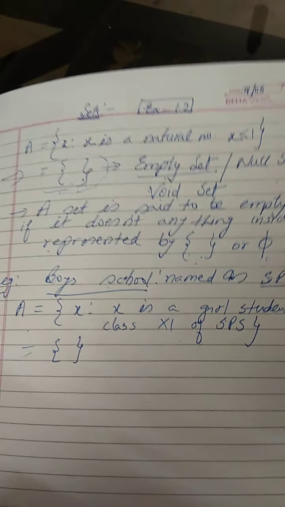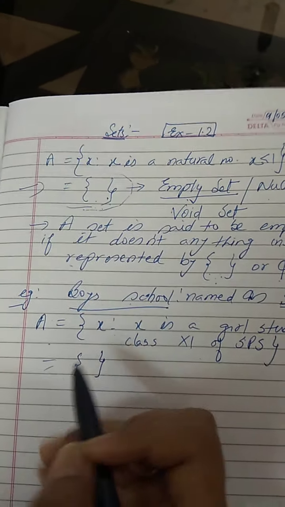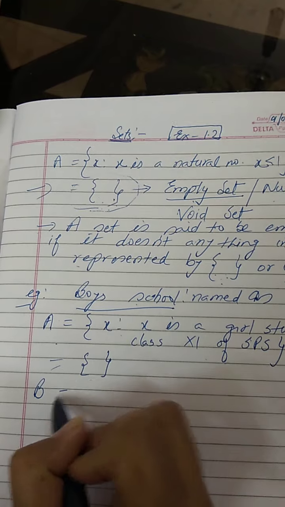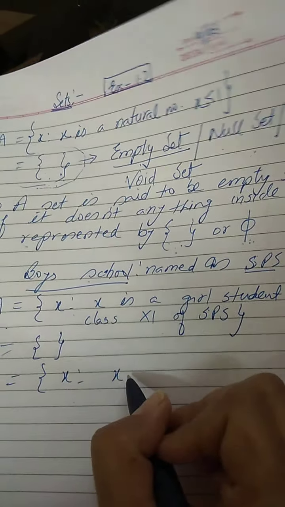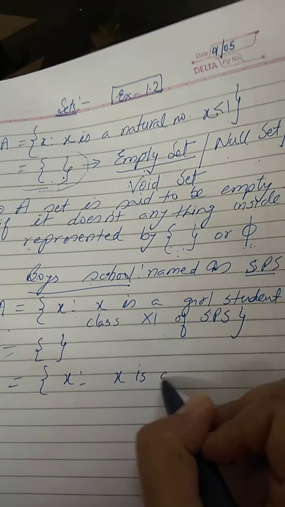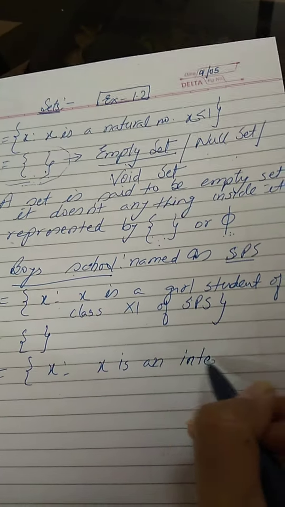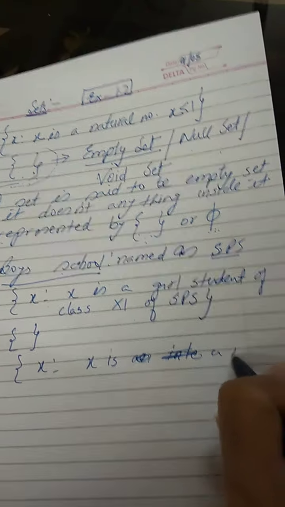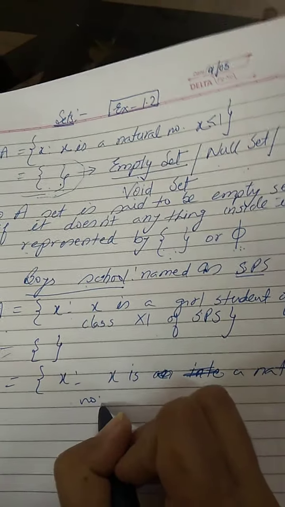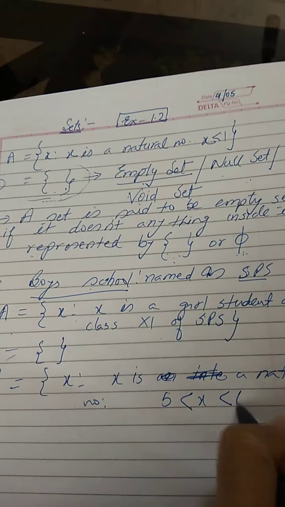Clear? And if we take one more example, let us take set B, all x where x is a natural number, with 5 less than x less than 6.